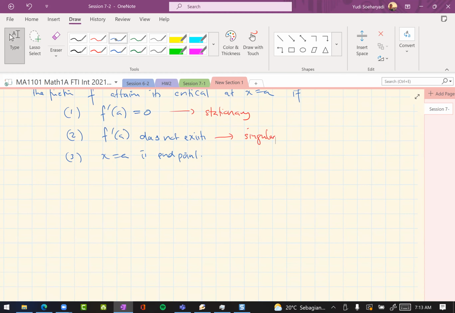Okay, so pictorially, stationary. This tells you that the slope of the tangent is zero. So that means the tangent line exists, and it is horizontal.